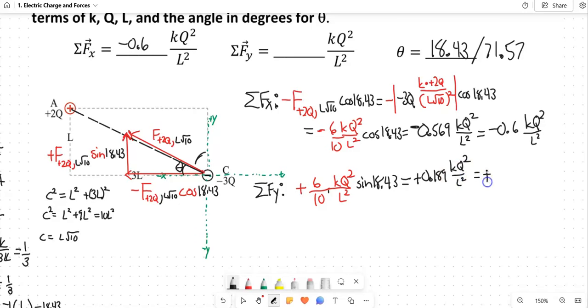So this is going to be positive 0.2 KQ squared over L squared. So positive 0.2. Okay.